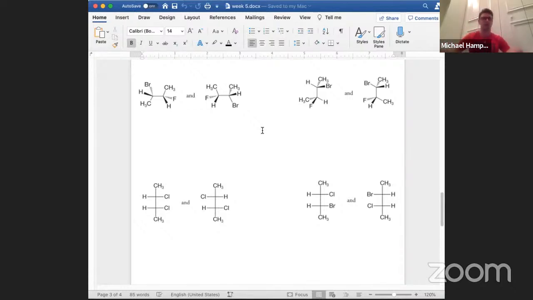He's going to ask you more likely what's the relationship between them, i.e., are they enantiomers or diastereomers? The easiest way you can do that is to RNS it. Now, does anybody know the rule of thumb that we use when we find RNS?